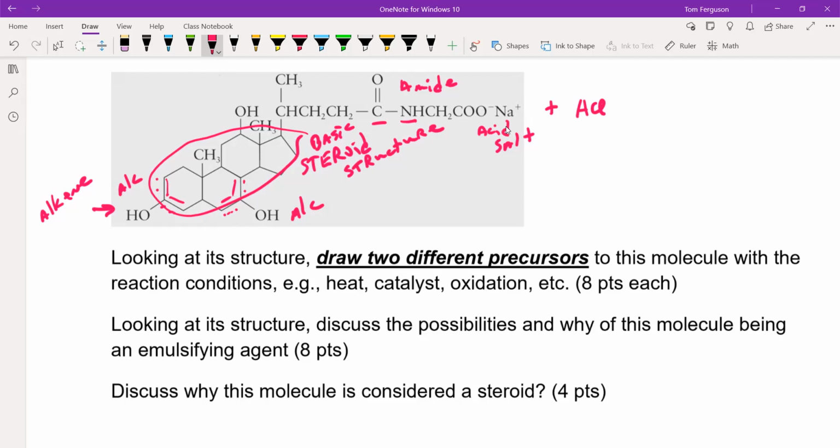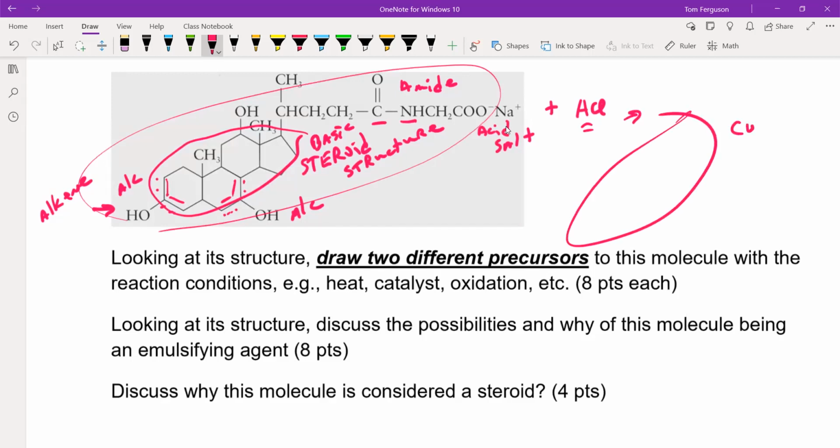For the second one, we have all this plus an acid, which would yield the protonated acid. And this here would be the structure.